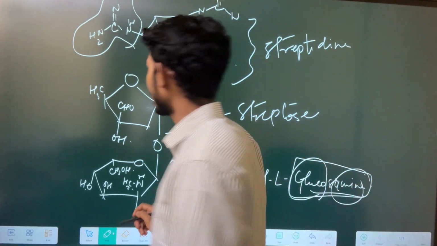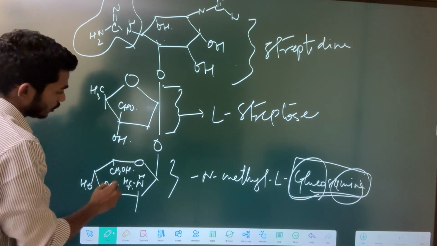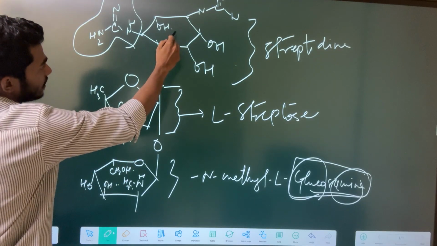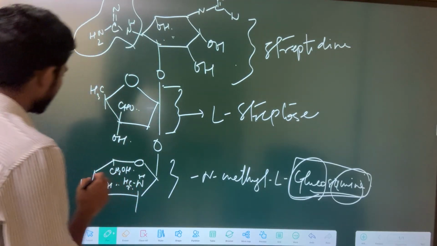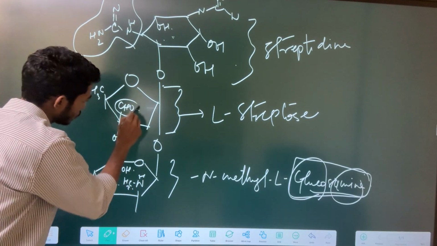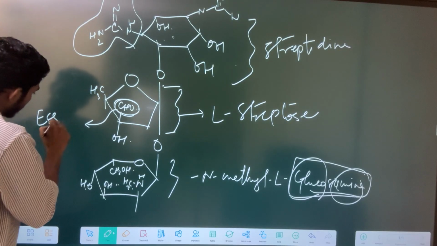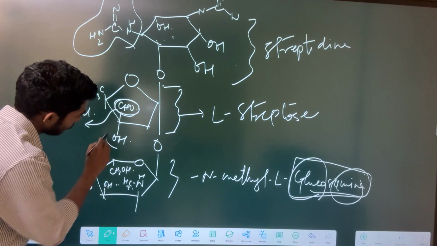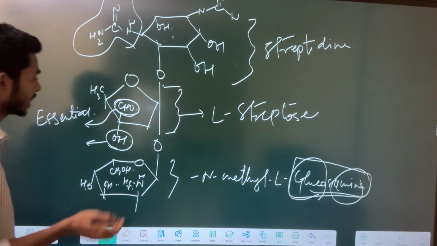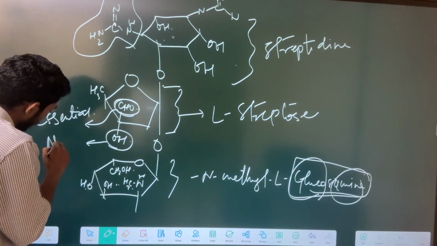Now in that SAR you will see these two rings will be considered the same, because both of them are amino sugars, and this is a 6-membered structure. Okay, so now the most important point is this CHO. The CHO is essential for the activity of aminoglycoside. Here if this OH is replaced with hydrogen or any alkyl group, then there is no effect.